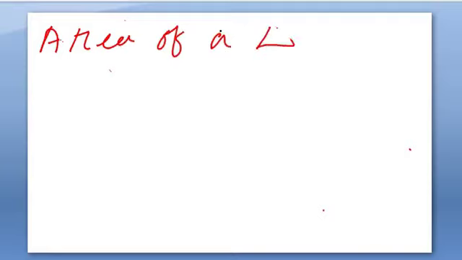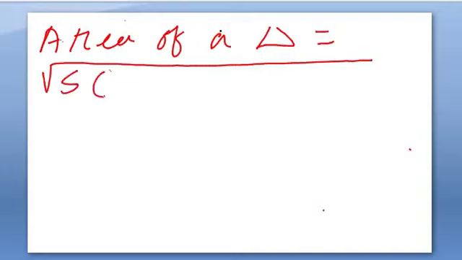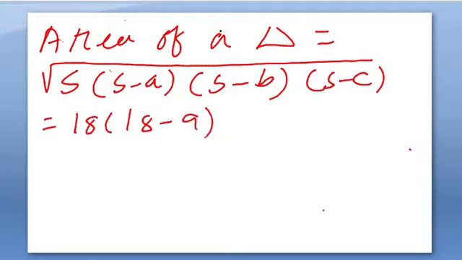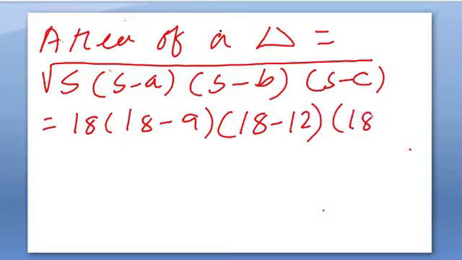Area of a triangle equals root over of s into s minus a into s minus b into s minus c, where s equals 18, so 18 into 18 minus 9, then 18 minus 12, then 18 minus 15.